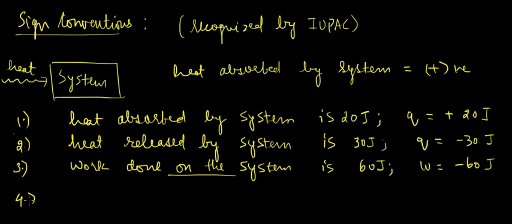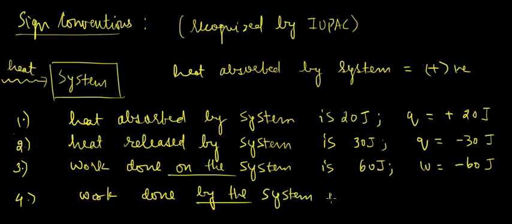And if work is done by the system, let's suppose work done by the system is 70 joule, then we can write that W would be equal to minus 70 joule. So work done on the system would be positive and work done by the system would be negative.